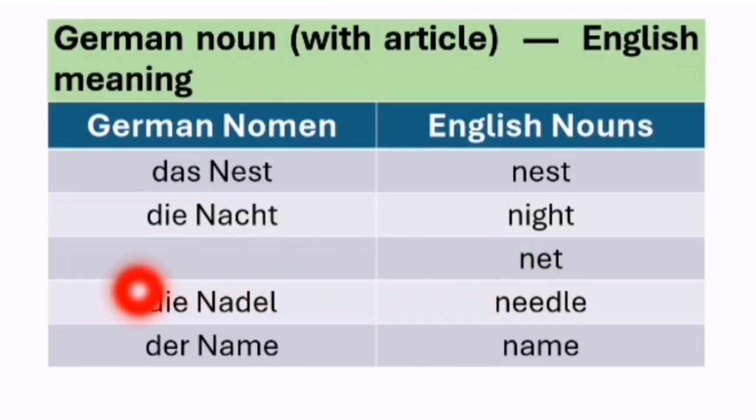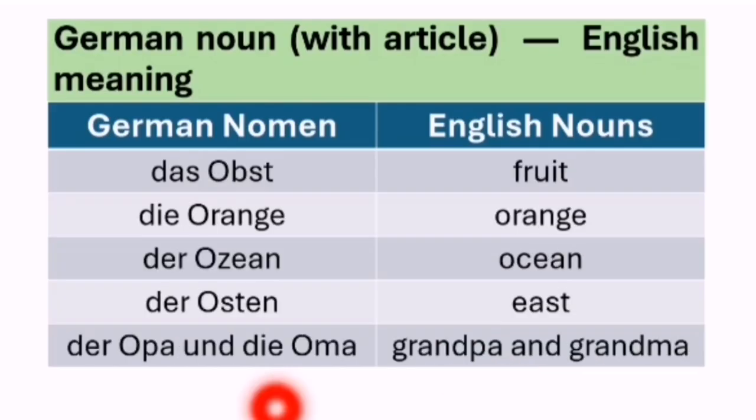Okay, you can check in the previous lessons. Die Nadel, needle. Der Name, name. Das Obst, fruit. Die Orange, orange. Der Ozean, ocean. Der Osten, east. Der Opa und die Oma, grandpa and grandma.